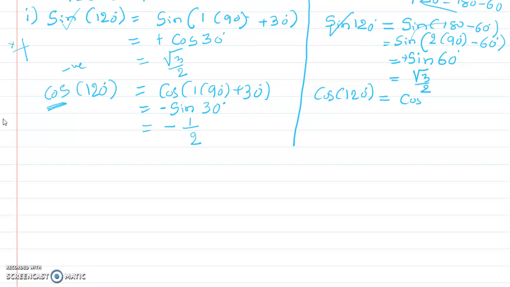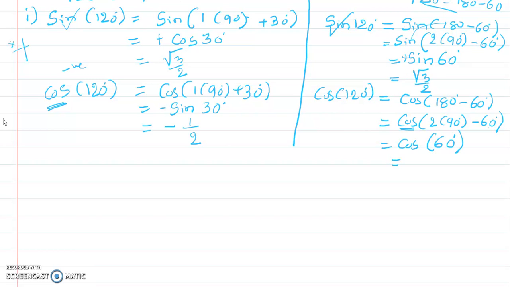Similarly, I can find out the ratio for cos of 120 degree by another way of expressing 120. What is another way of representing 120? 180 degree minus 60 degree. 180 degree is an even multiple of 90 degree, minus 60 degree. Whenever this is an even multiple, this ratio remains the same. There is cos here, so I will keep that cos as it is. Cos of the remaining angle, 60 degrees.